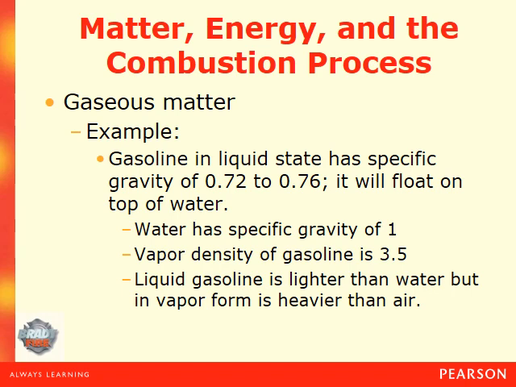Gasoline has a specific gravity of 0.72, which is lighter or less than 1. So gasoline and oil, so to speak, will float on water. Hence, one of the problems you have trying to put out certain flammable liquids like gasoline with water, because the material will just float on top.